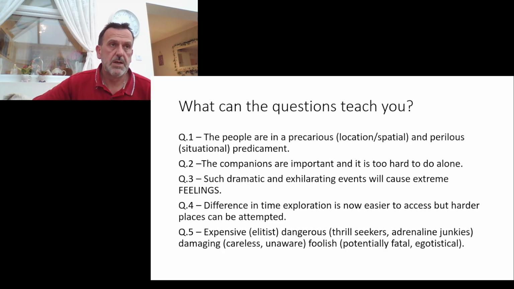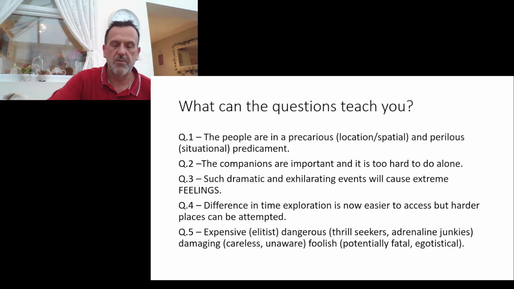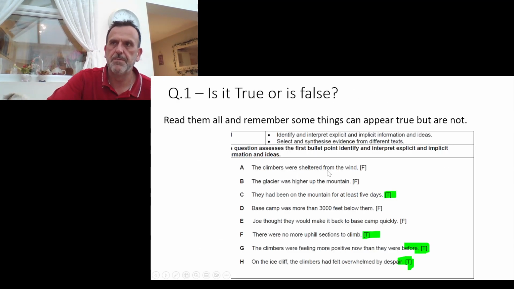You know, infamously, Antarctic tourism is now being curtailed because people are worried about the damage. And the word foolish is used. Now the word foolish is quite a good catch-all for a range of things, but you've got obviously the fact that these things can be potentially fatal and also egotistical. Why would you do something stupid unless it's because your ego says it won't affect you, you won't be hurt, etc.